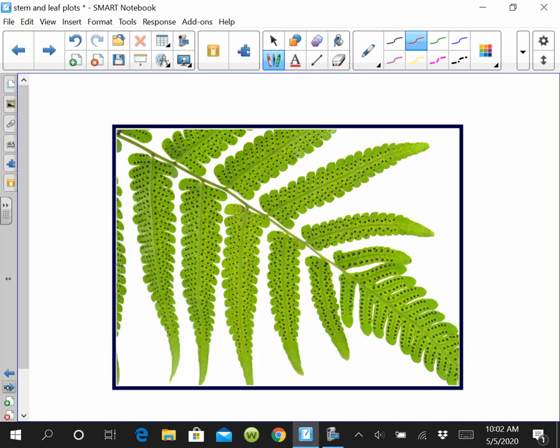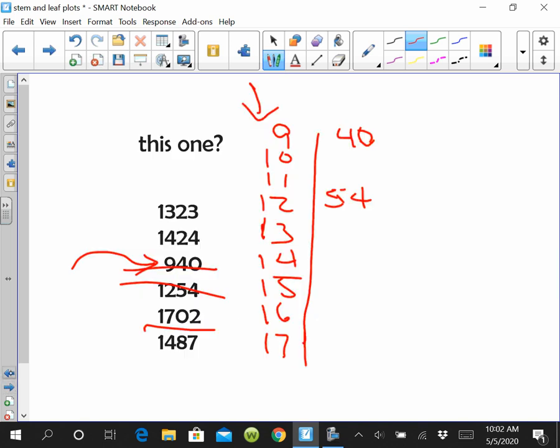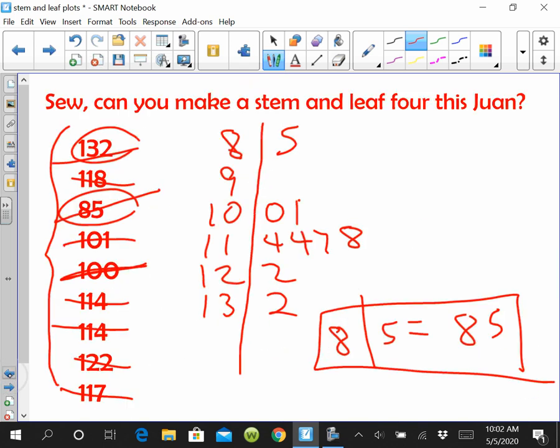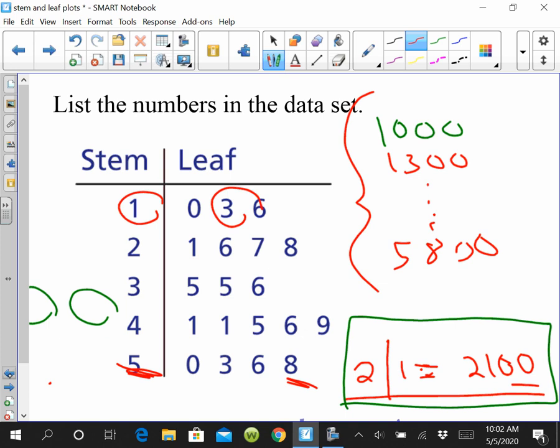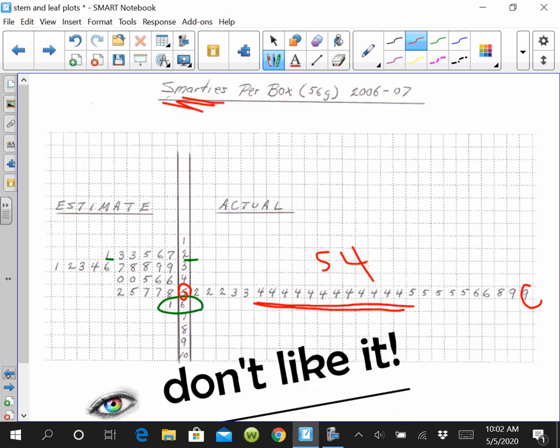So that's stem and leaf plots. I mean, that's all there is to it. And the nice thing about the stem and leaf plot is you can kind of visually see the middle of the data. Like here in this graph, the middle of the data was in the 50s, right?